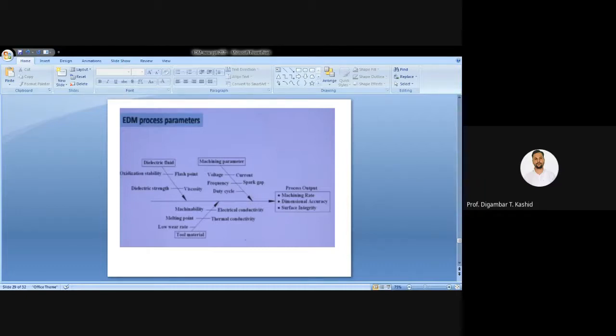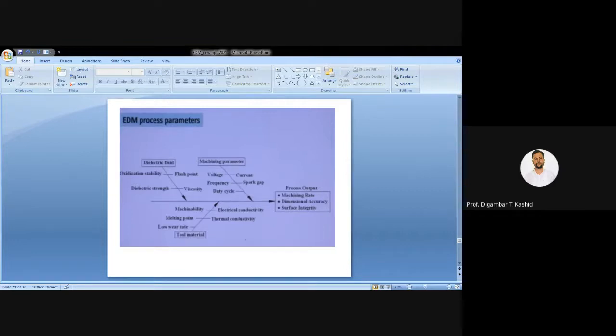So any kind of material, whether it is very hard or not, does not matter for machining using this process. There is no restriction on the physical or mechanical properties of your metal. The requirement is that your tool as well as workpiece should be electrically conductive.